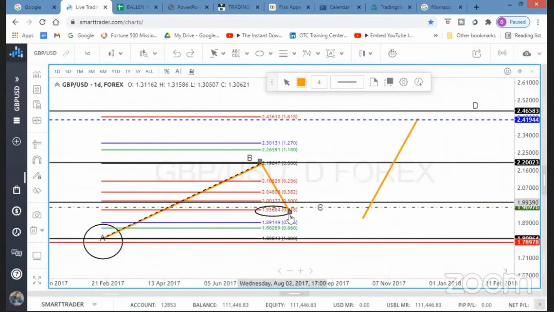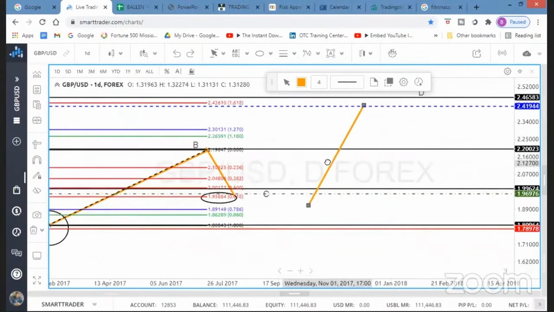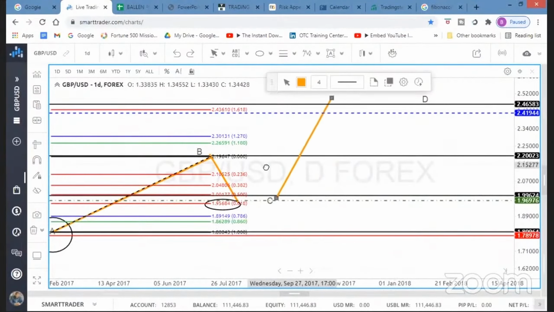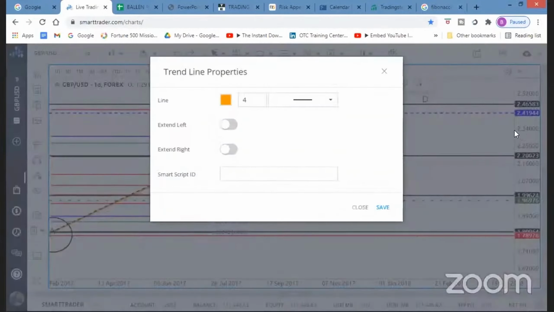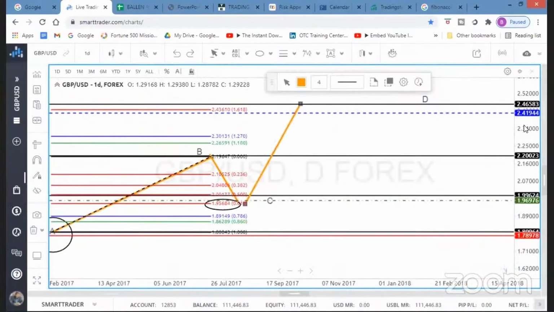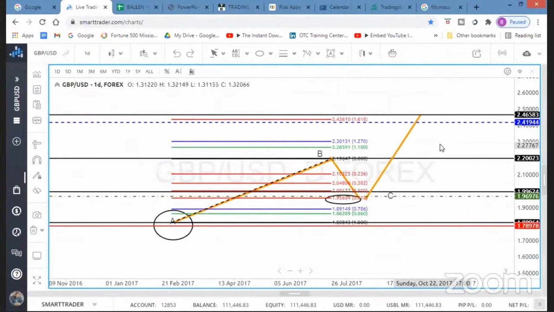So price, once it starts to retrace, can pull back within this AB boundary as much as it wants to. But if it doesn't take out the A, then there's a high probability that it's going to U-turn and go in my direction.